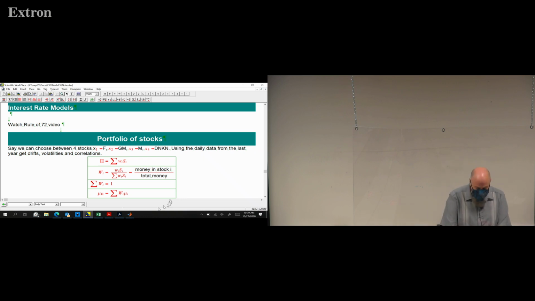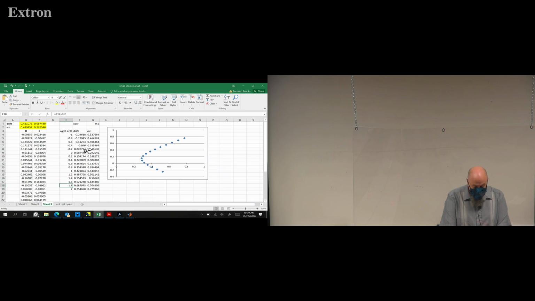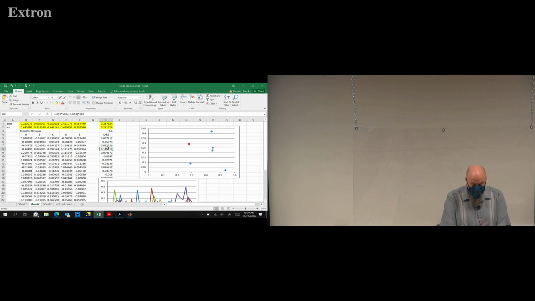Because what am I doing right now? What I'm doing right now is I'm taking the returns and saying this is at 60%. I'm taking 60% of the return of D and 40% of the return of E. And that's giving my return for that month. So these are the returns for my portfolio.